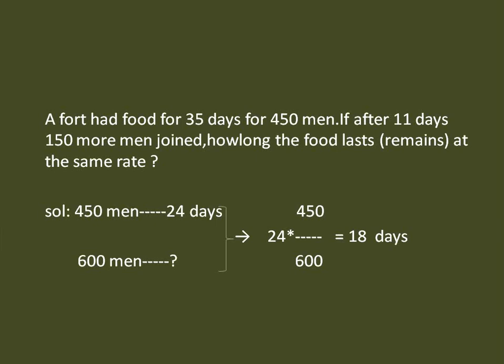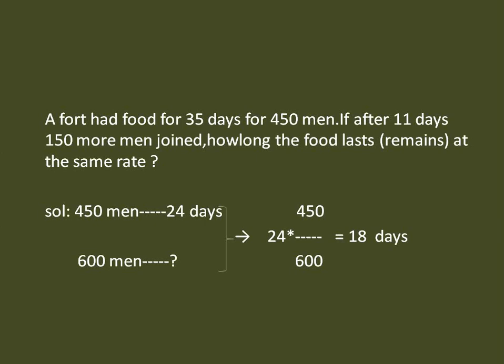What will happen? The food is there for 35 days for 450 men, so 11 days have been completed. For the remaining 24 days, the food will last. Right? But after 11 days, 150 men have joined. So there is food for 450 men for 24 days.